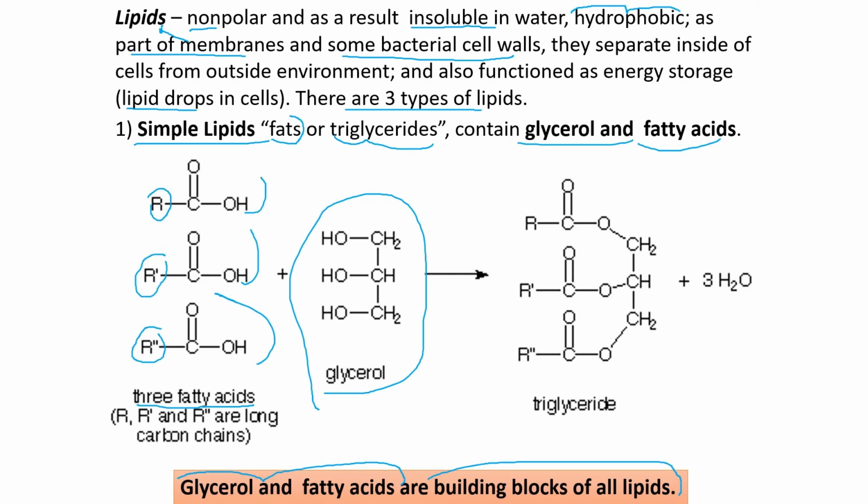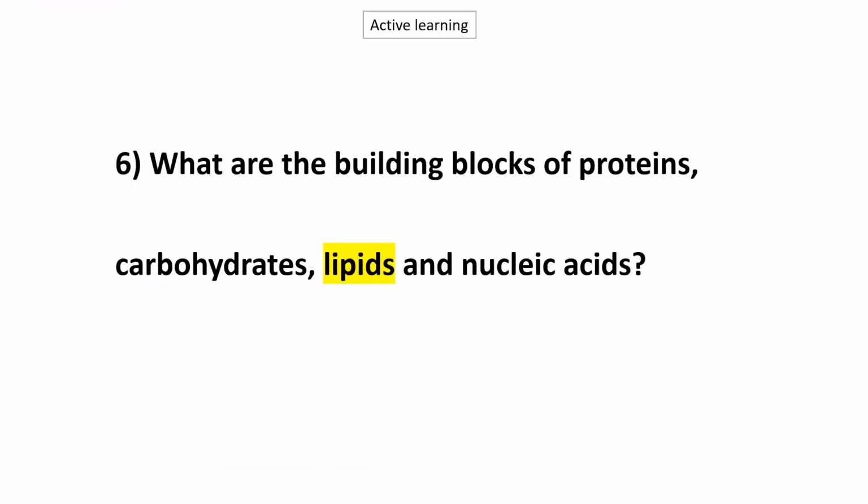If we combine fatty acids and glycerol in a chemical reaction, we will produce triglycerides, or simple fats. Because this is a dehydration synthesis reaction, we remove water, so water will also be produced here. So now you know the building blocks of lipids.